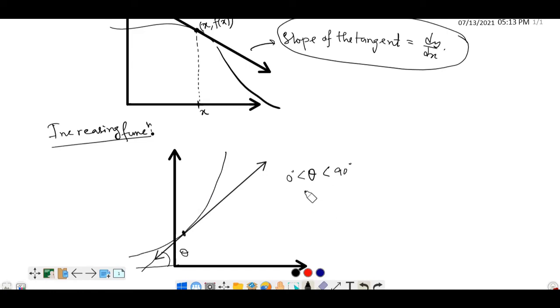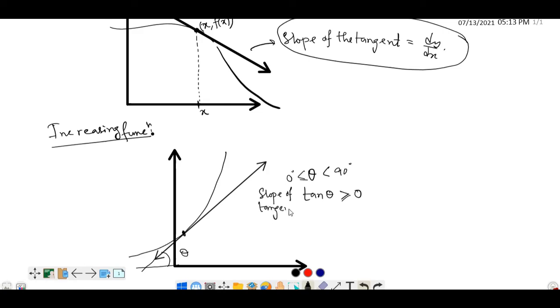So the value of tan theta, since theta is in the first quadrant, will be greater than 0. Or if it is equal to 0 degrees, then it will be greater than or equal to 0.